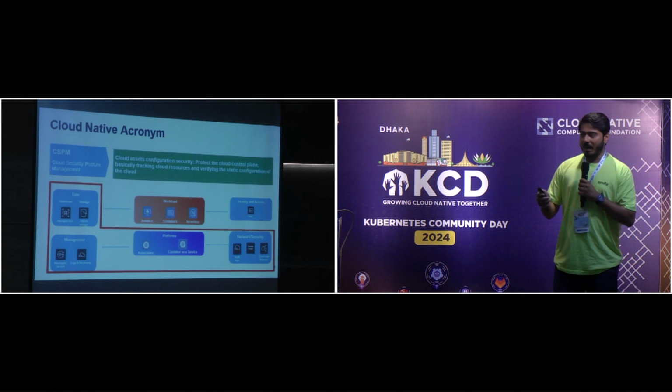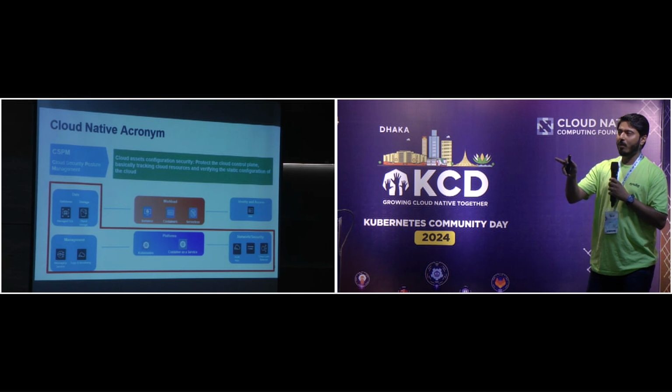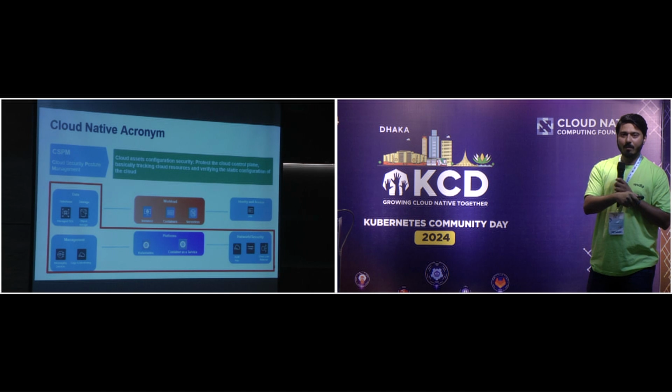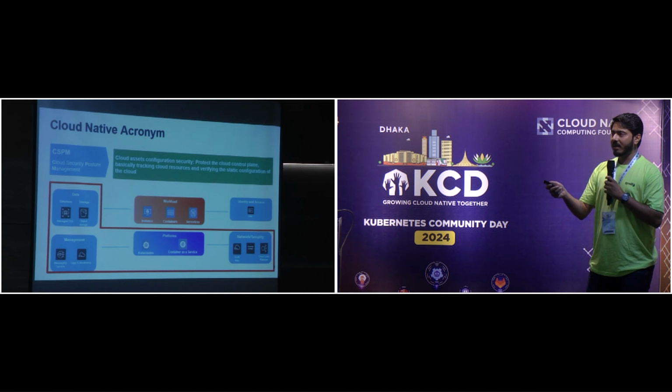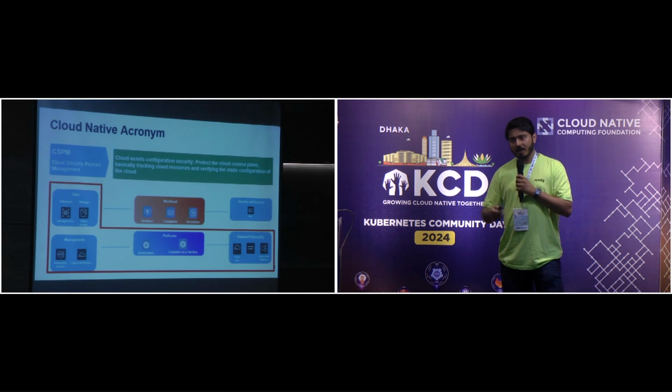So CSPM is everything except for workload protection, which is CWPP, and identity and access. Inside CSPM, it is just cloud security posture management. We would evaluate your resources and your inventory against certain benchmarks, which are set for, let's say, AWS has their own benchmarks, Google has their own benchmarks, Linux has their own benchmarks.